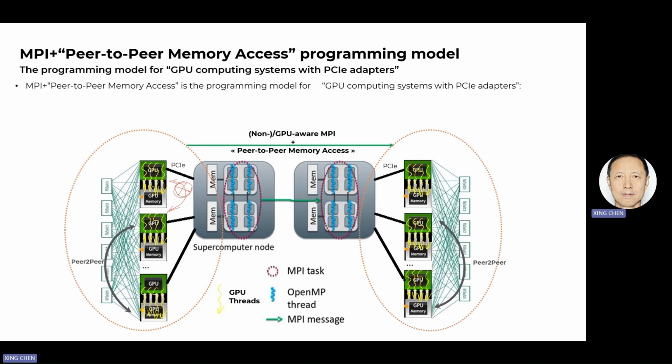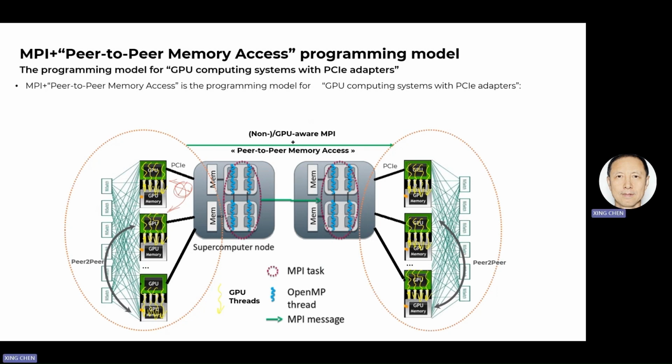Because right now you have this new interconnection between the GPUs, and it is fast, your program is going to benefit from the bandwidth available from these fast interconnections, and your program will be running faster. You as a programmer don't need to do anything. You just migrate your application from GPU computing systems with GPUs in the form factor of PCIe adapters, to GPU computing systems with the Nvidia SXM or AMD OAM modules.